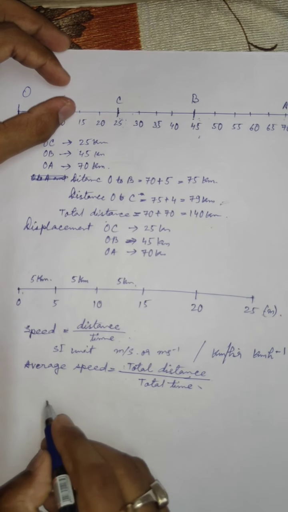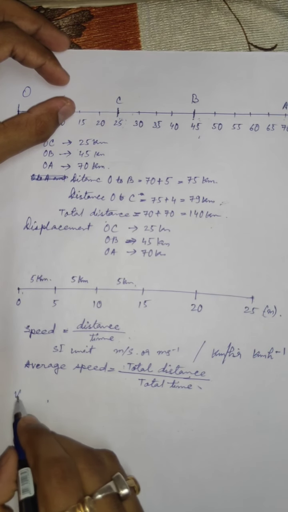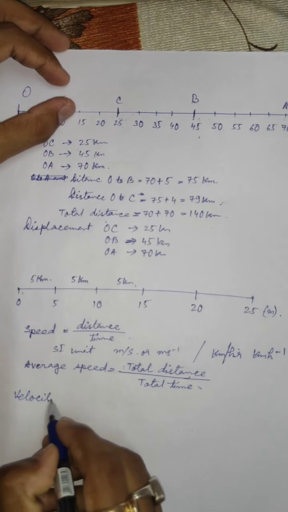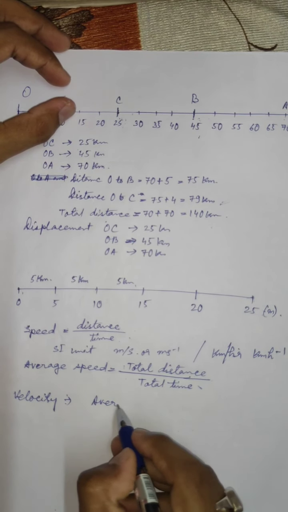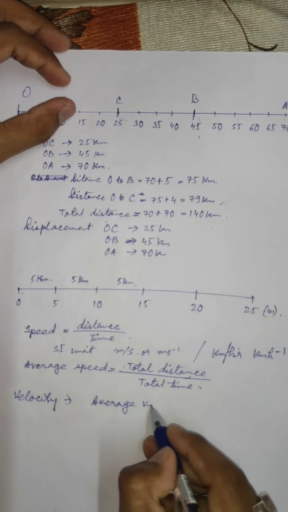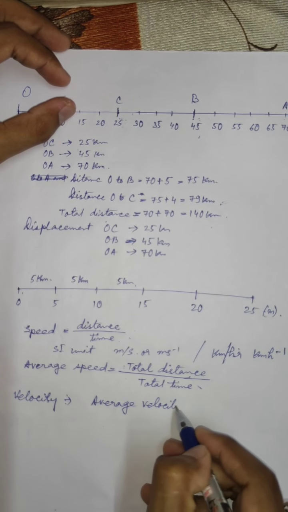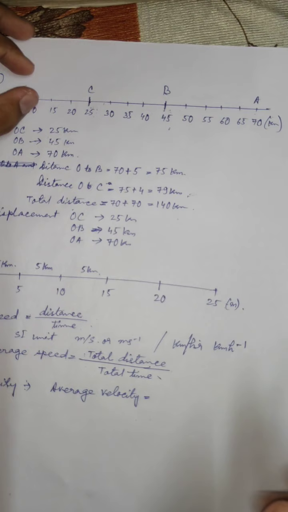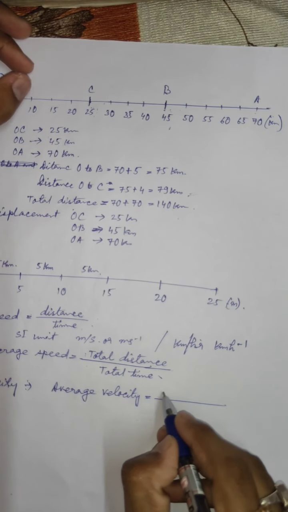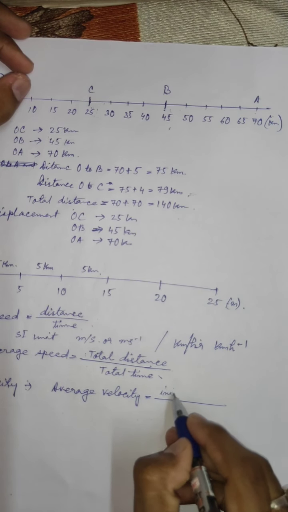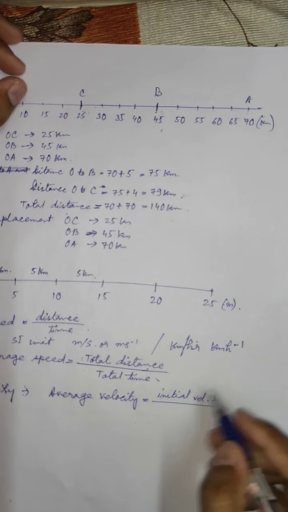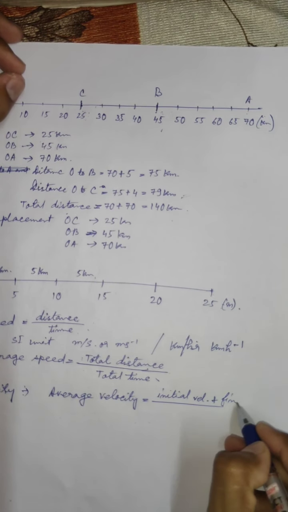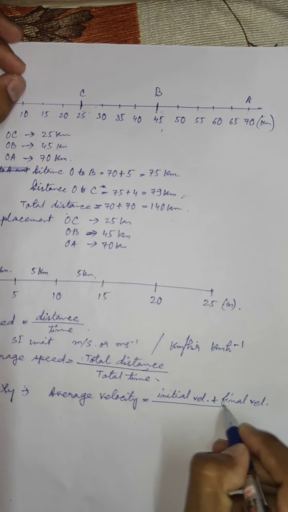See, average velocity is equal to initial velocity plus final velocity divided by 2.